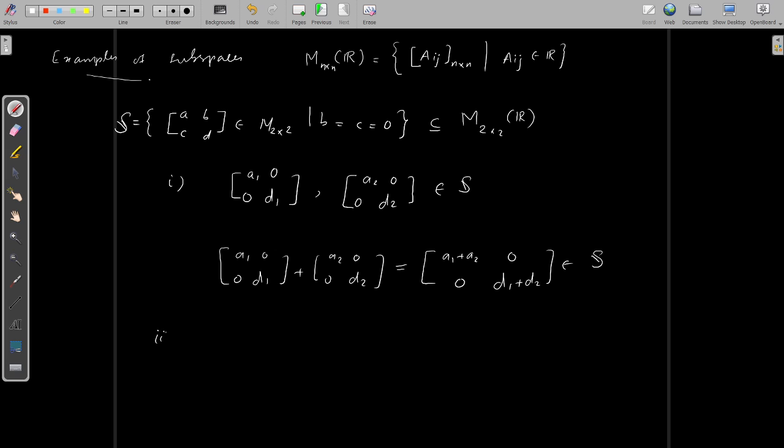Similarly, you can verify the second axiom, or second condition, for characterization of a subspace, that is the closure property of scalar multiplication.